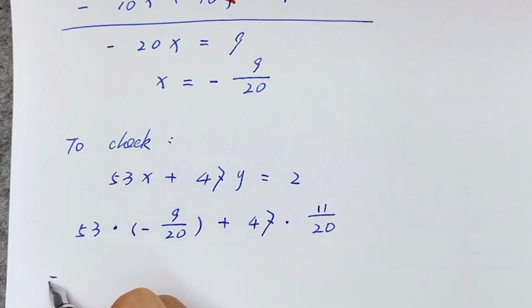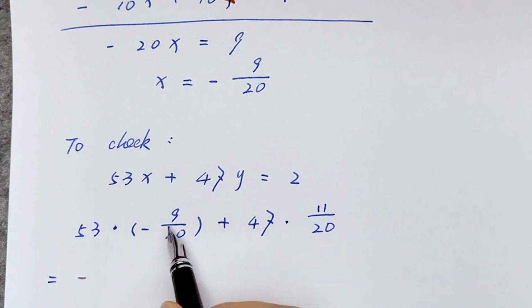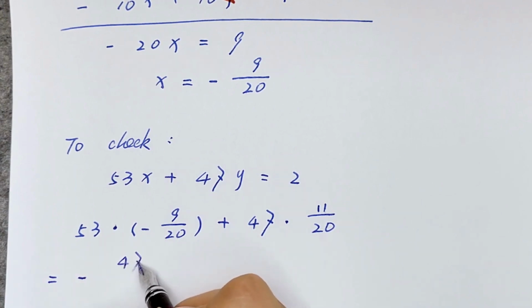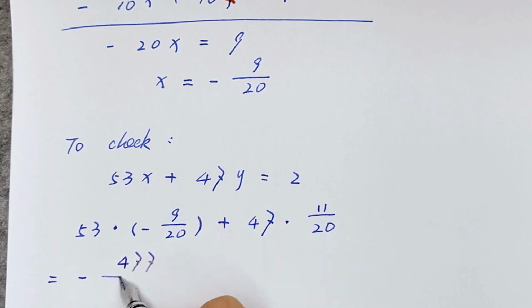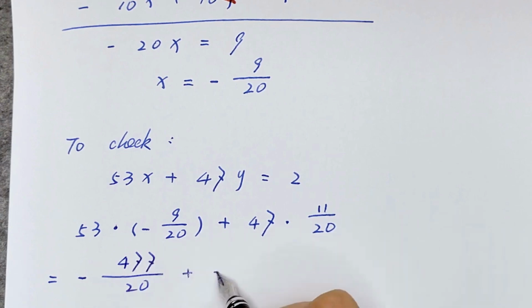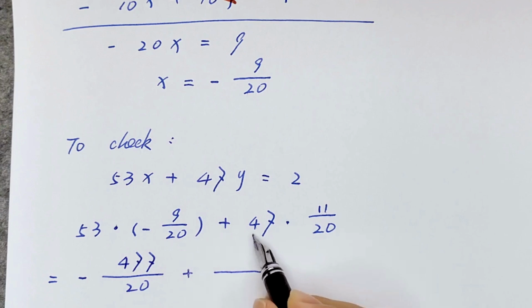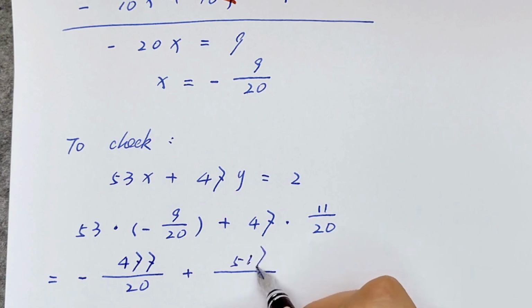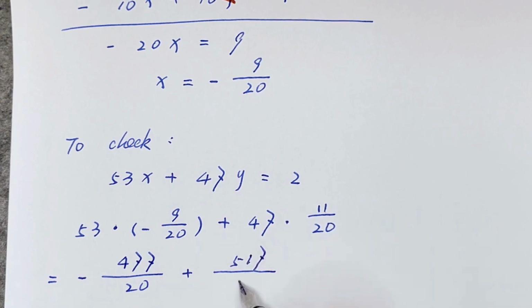It will be equal to negative 53 times 9 equals 477 over 20 plus this times this, 47 times 11 is equal to 517 over 20.